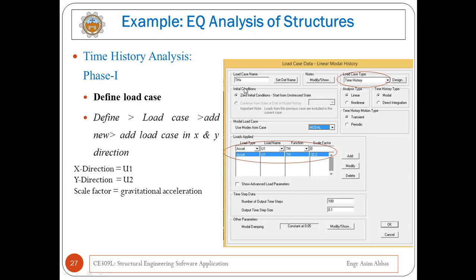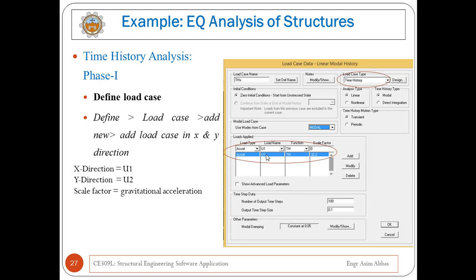I want to define the load case along the x direction, so I will choose the function that I defined in the previous step, and then I will enter the scale factor. For feet per second squared, the g value is 32.2. Similarly I will enter the time history load case for Y, and the rest will be the same except U1, which I will change to U2.